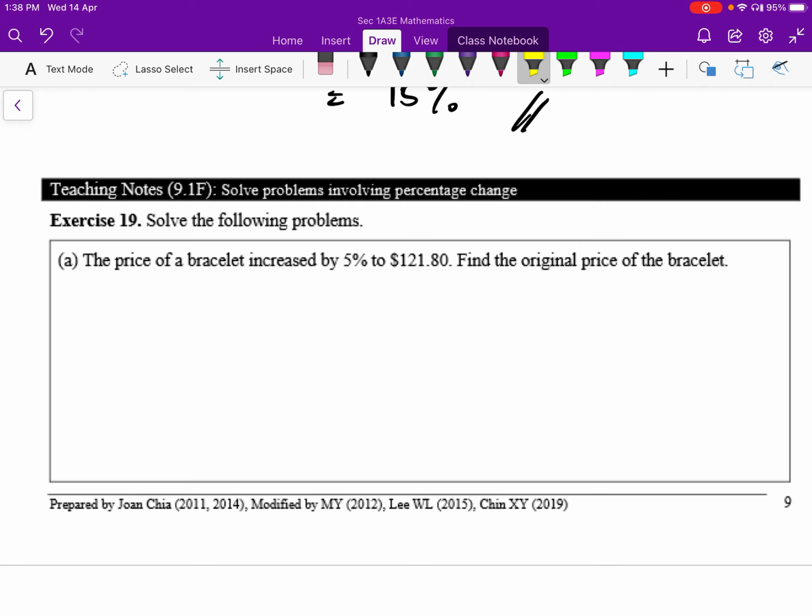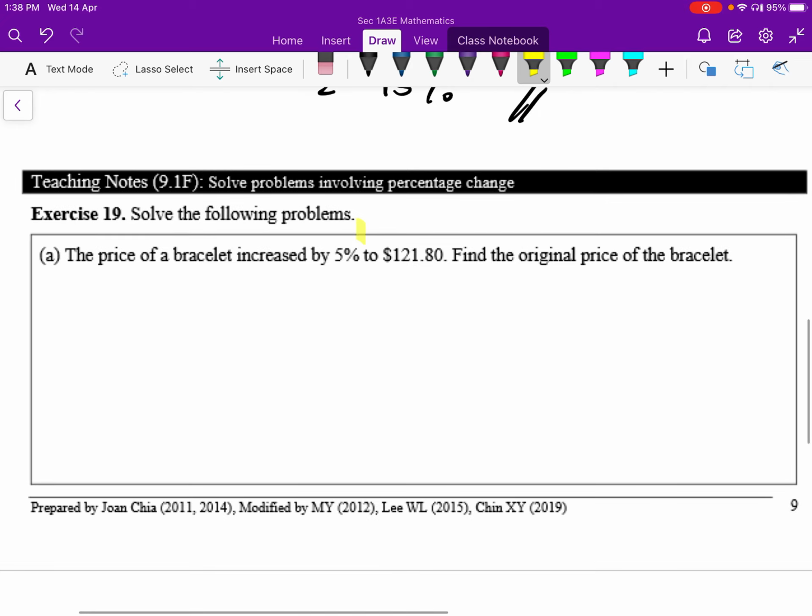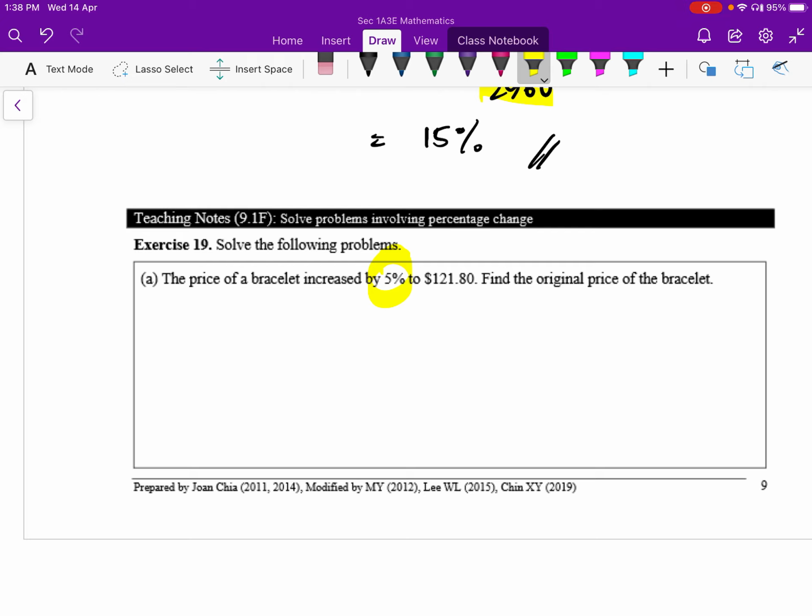The price of a bracelet increased by 5%. Increased by 5%. So what's the original? How many percent? If it increased by 5%, then original will be how many percent? 100%. Original is 100%. So if it increased by 5%, this must be 105%. And the original is 100%.